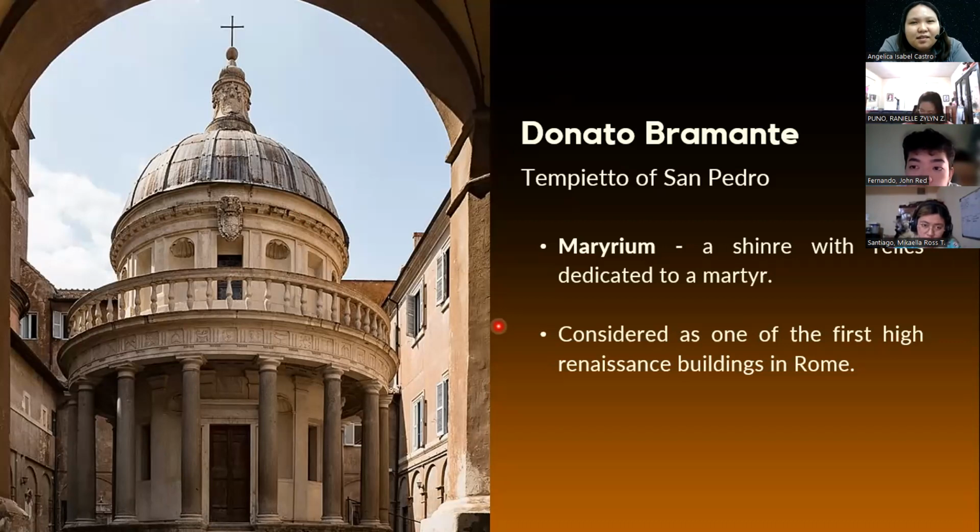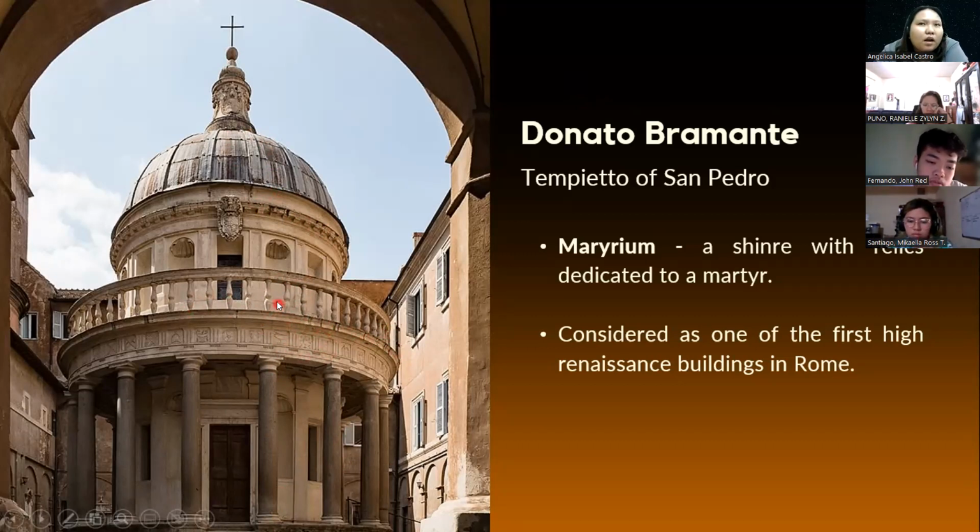This is somehow the first building that achieved the best example of harmony in proportions: not too high, not too low, not too big, the spaces not too tight or too loose. You have your Doric columns, your Doric order, in a circular colonnade. You have your dome. You have your, what do you call this one? That is an assignment for all of us, to identify this one.